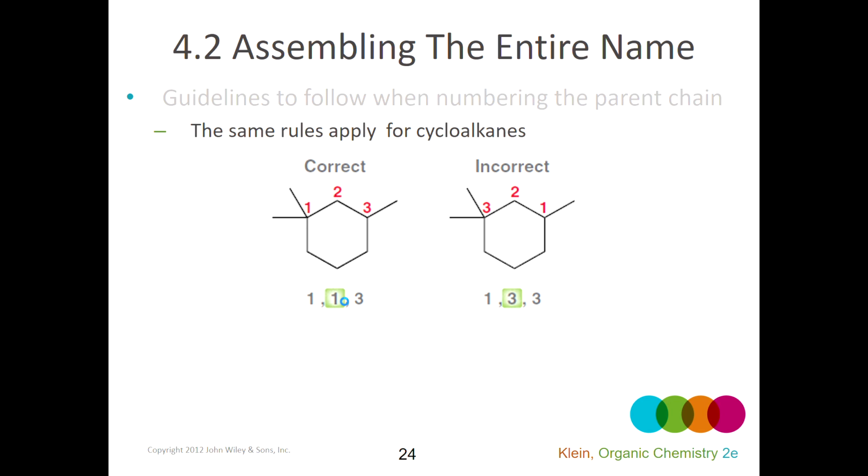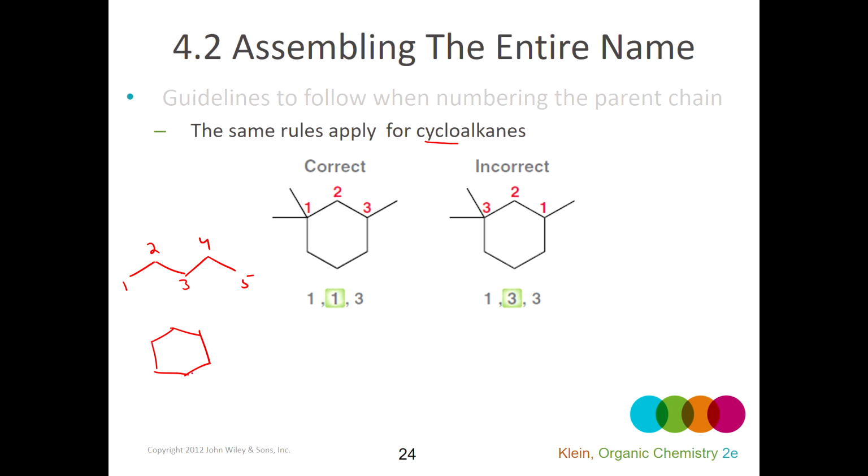Same rule applies for cyclohexanes or any cyclic compounds. So I got to put the cyclo prefix in there to indicate that my parent chain is a ring. In a ring, there is no beginning and no end. So on a chain, depending on the substituents, I have to number from one side to the opposite side. And so I would number from the side that gives me the substituents first.